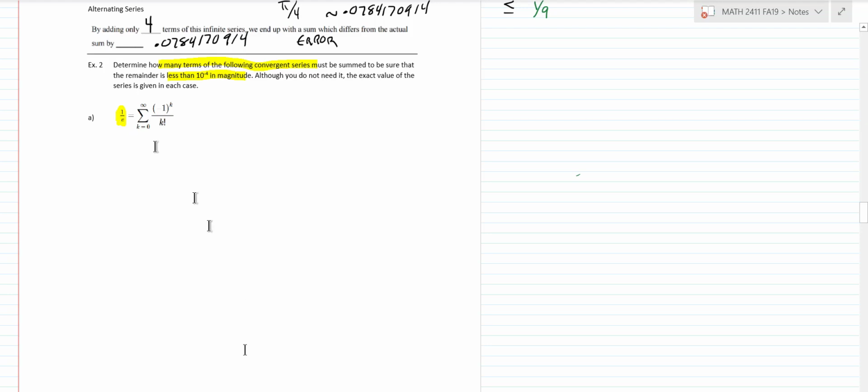We're going to begin this problem by writing the terms of this series out. I'm just going to write these out; you can do this in your head. That's a negative right there. So I'm going to do a little bit of scratch work over at the side. We would have negative 1 to the 0 over 0 factorial, which is 1 over 1, so that first term is 1.